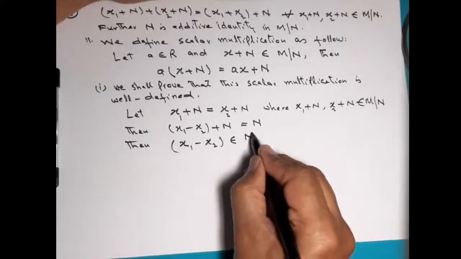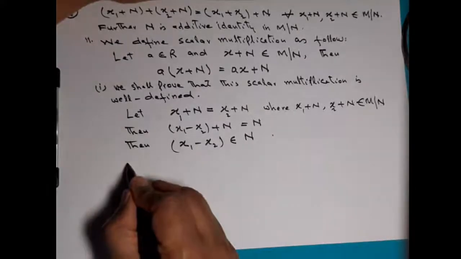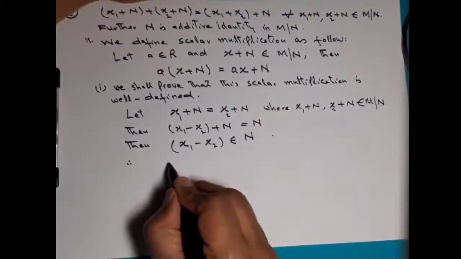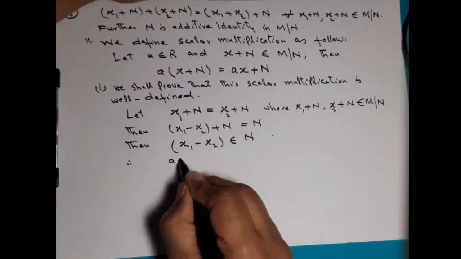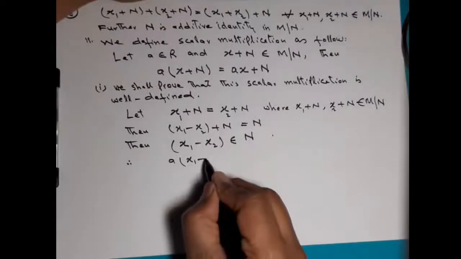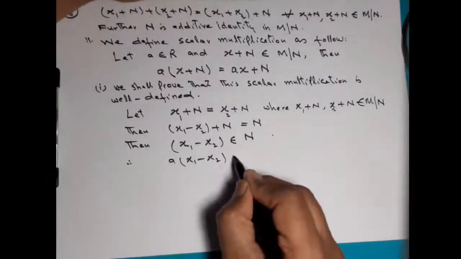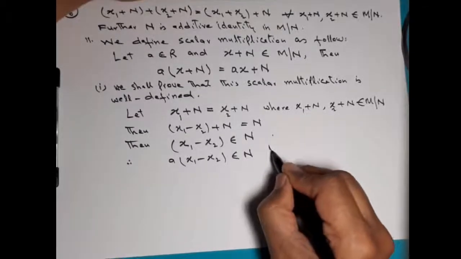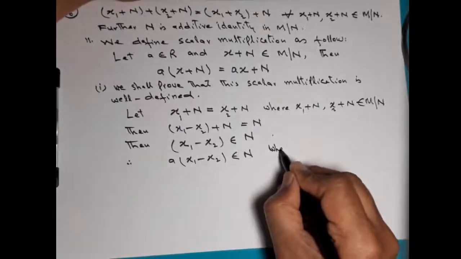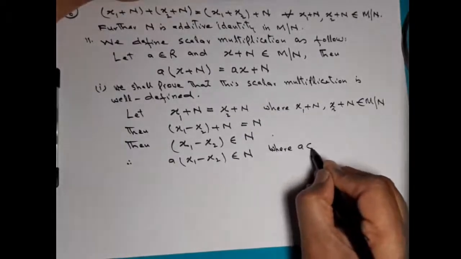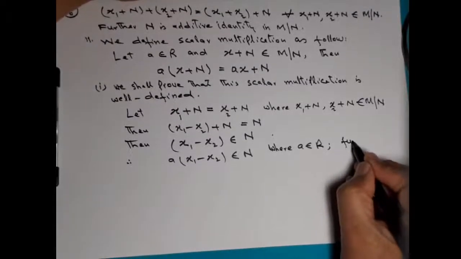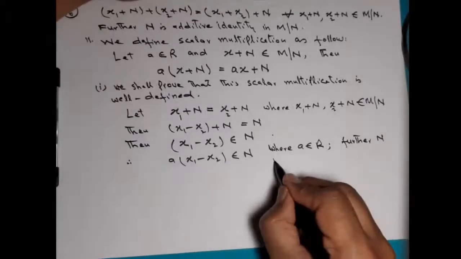This is a concept from group theory, and therefore, since N is a module, a into x1 minus x2 belongs to N, where a belongs to R. Further, N is a module.